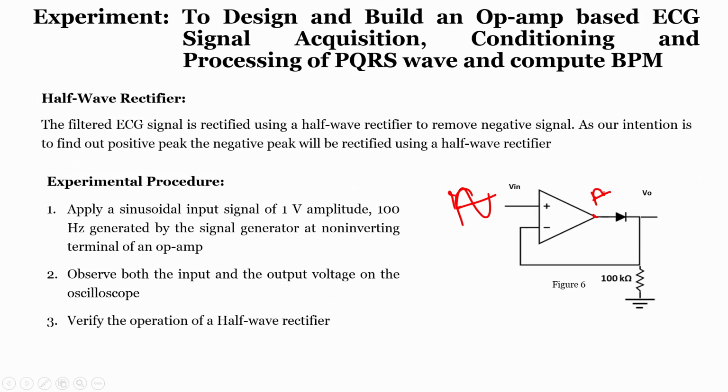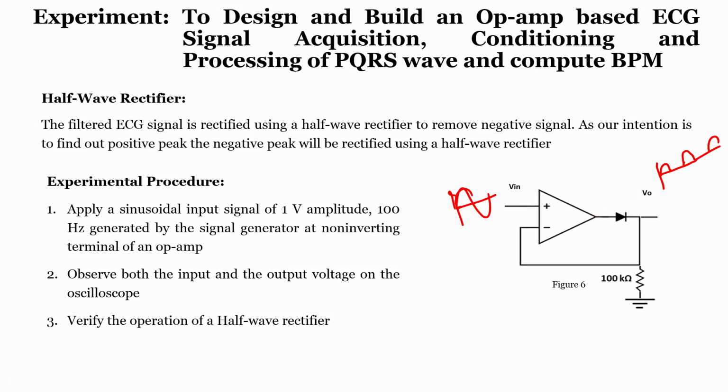Because of this positive peak, the diode will be in forward bias condition, so we will get a positive peak. During a negative peak, since it is a voltage follower, we would get a negative, but the diode will be in reverse bias condition, so we will not get anything, though the diode will have some cutoff. Ideally speaking, we will not get any negative, and similarly for another positive peak. So, as a result, when we pass through this circuit, we will get only positive peaks.